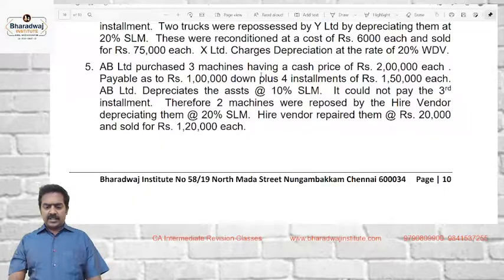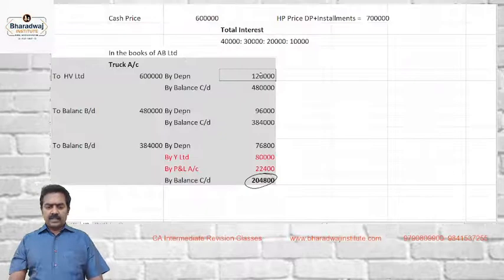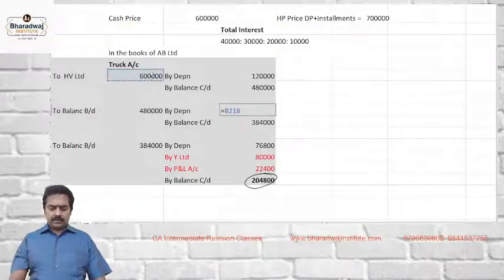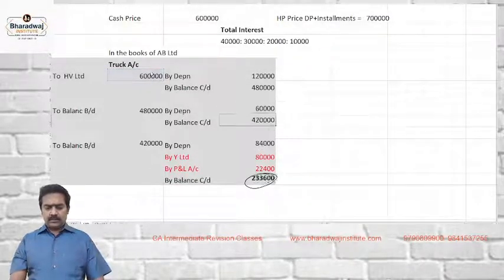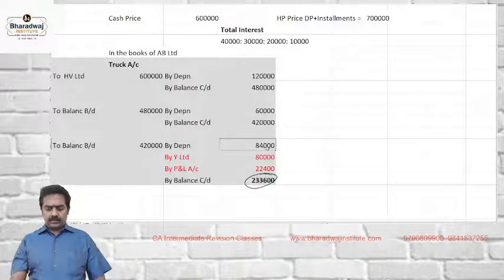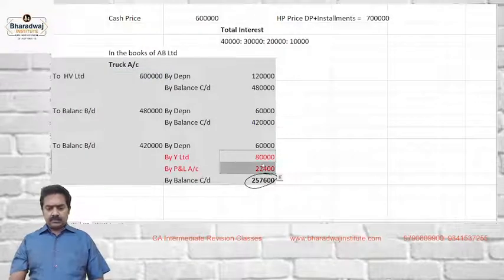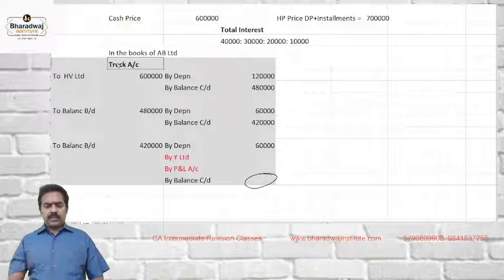What is the depreciation method we follow? 10% SLM. What is the asset?